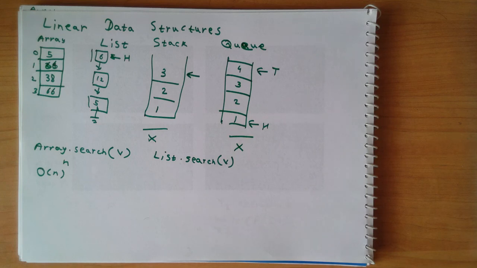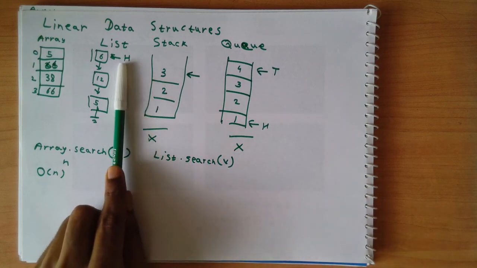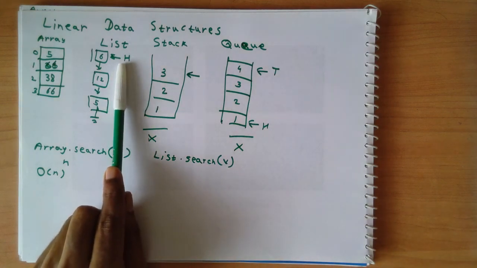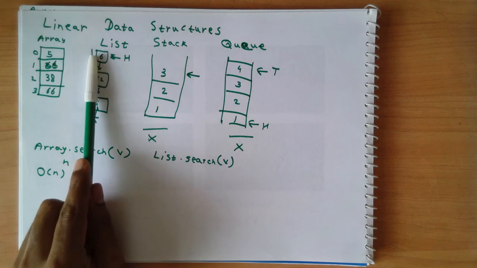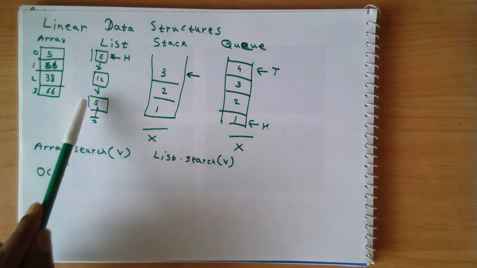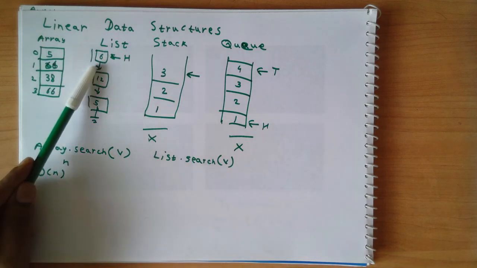Okay. So let's think about our list and start with the linked representation of my list, and specifically the singly linked list. So if I have value v to search, all I have is a pointer to my head node. So I'll start from the head node and I'll traverse each element of the list one by one using the next pointer that I have.